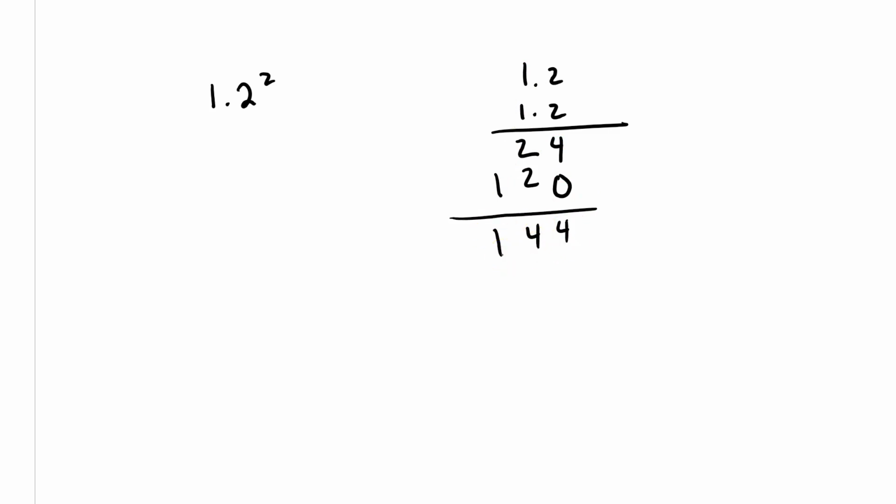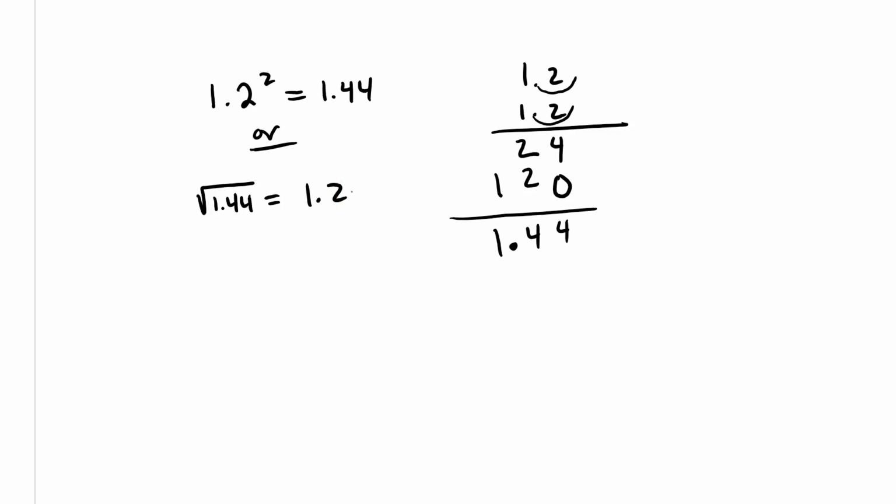Now what we need to do here is take into consideration the decimal places. We have 1 decimal place here and 1 decimal place here. So in my final answer, I need to make sure that I put my decimal place in 2 spots in. So 1.2 squared is going to be 1.44. Or the opposite that I can say is the square root of 1.44 is 1.2.